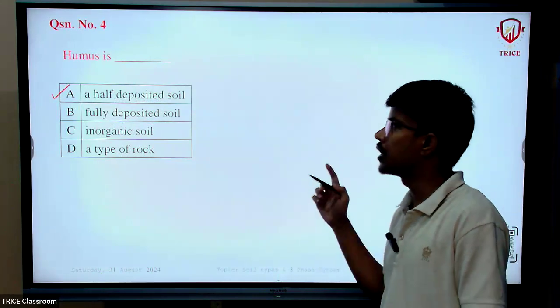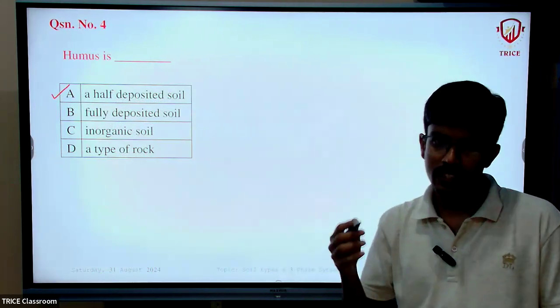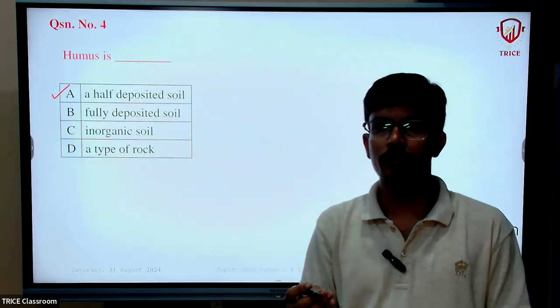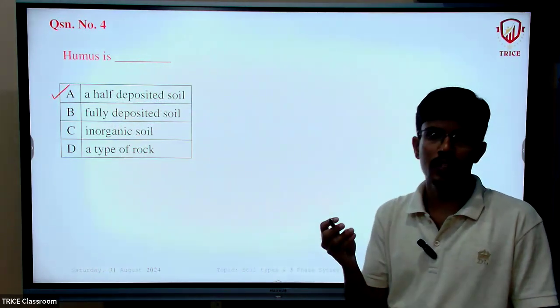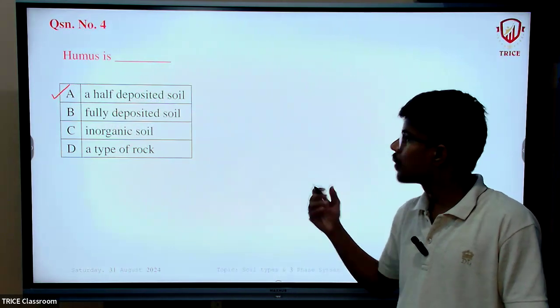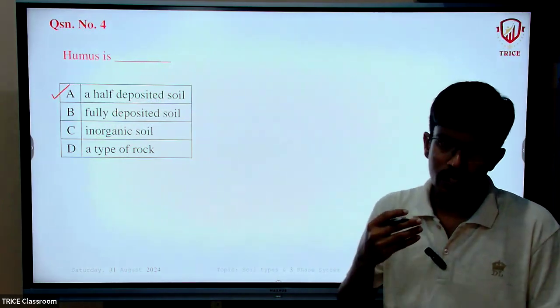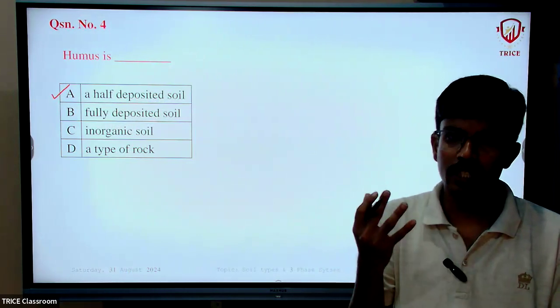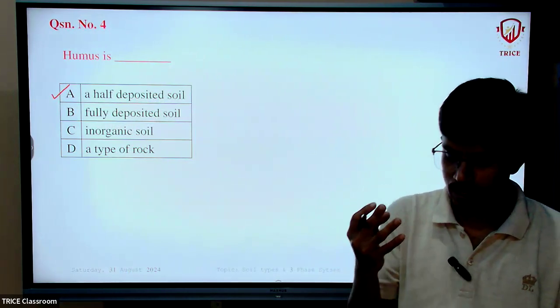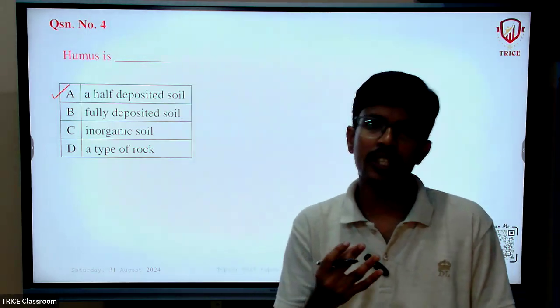When you say fully deposited, it can come under inorganic or organic soils. Inorganic soils may be silt or clay. For the type of rock, based on geological formation we have igneous, metamorphic and sedimentary rocks.